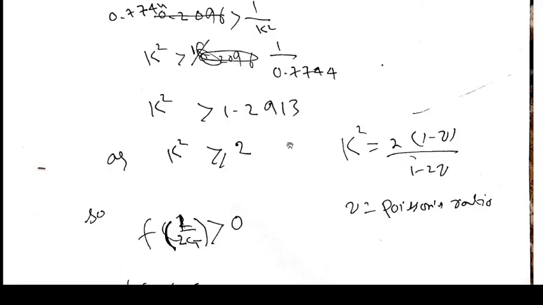Suppose instead of this 1.2913, which is 1.3, we had 3 here, that we have done all this calculation and at the end we have kappa square greater than 3. If it happens like this, then we were wrong.